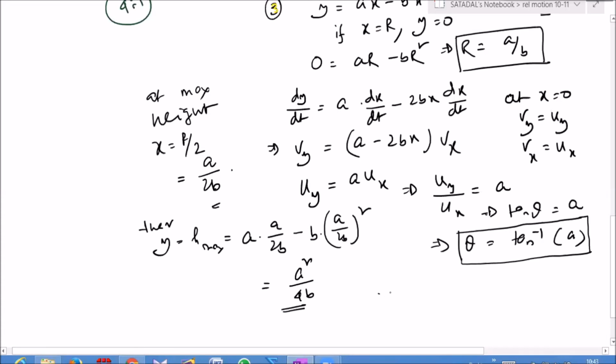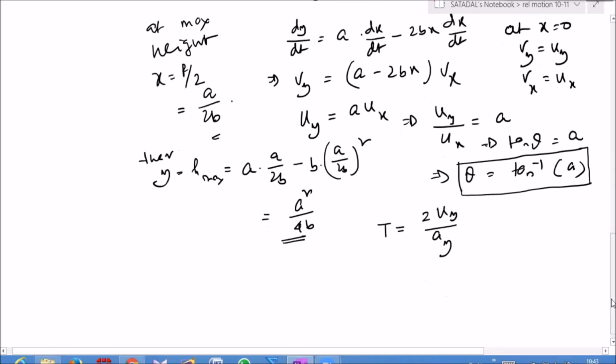Next, T. T is equal to how much? T is equal to, we know, 2Uy by Ay. Now here I have to be a little bit careful. Why do I have to be careful? Because when I have calculated this H max, it is equal to Uy square by 2Ay. We know that. So Uy is coming to be root under of 2H max into Ay.